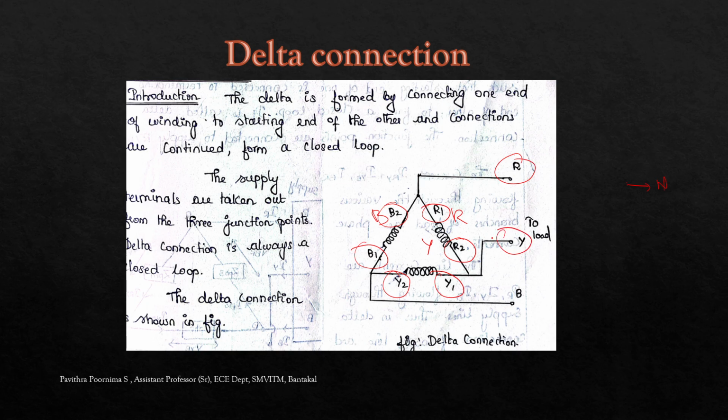So the three lines are R, Y and B. And even here we are going to discuss the concepts of line voltage and line current, phase voltage and phase current, and the relation between those. First, we'll list them: what is line current, line voltage, phase current, and phase voltage. Line current is the current through the lines R, Y and B, which is IR, IY and IB.